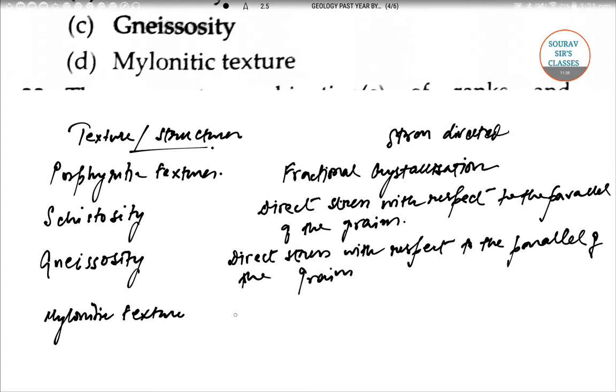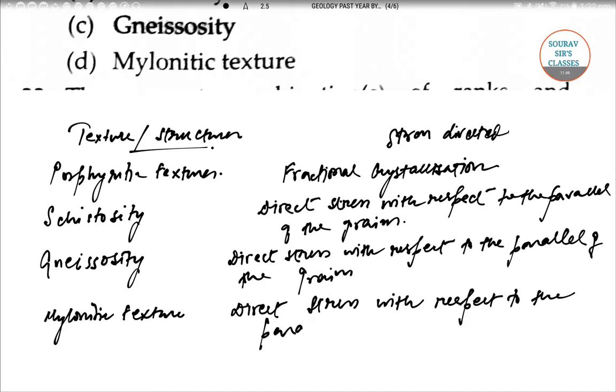And for mylonitic texture, it is again direct stress with respect to the parallel of the grain. So in three cases, that is in schistosity, gneissosity or mylonitic texture, we have direct stress with respect to parallel of the grain.